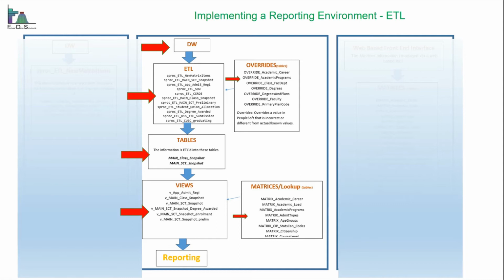For example, if there were multiple values in the academic career field, such as UGRD, undergrad all lowercase, undergrad all uppercase, or undergrad because of misspelling, the view would include a field that would replace the inconsistencies, and only the one name of undergrad will be displayed in the reports.